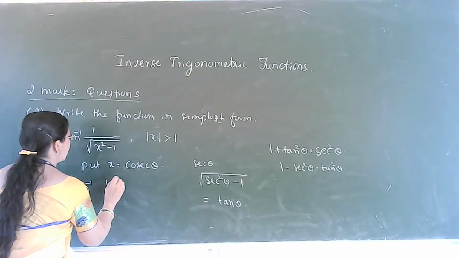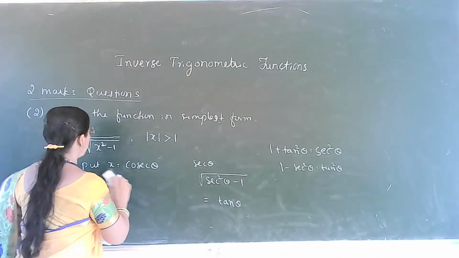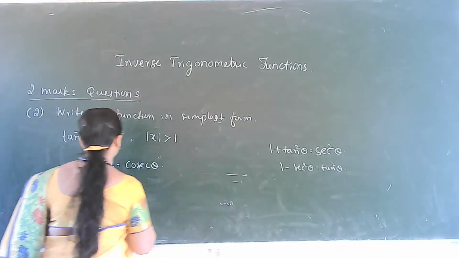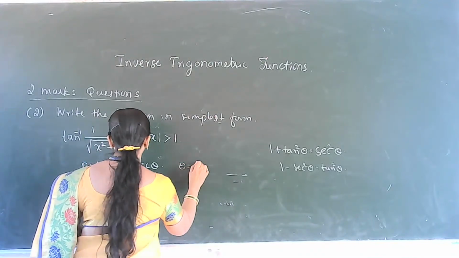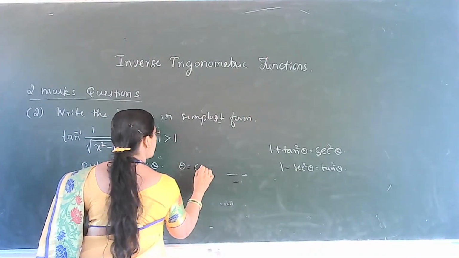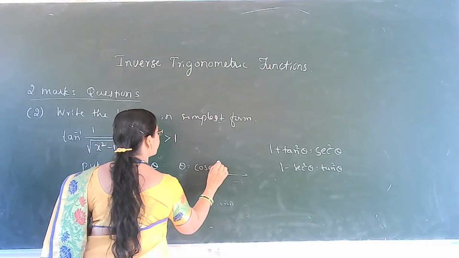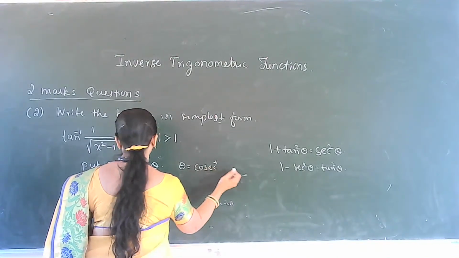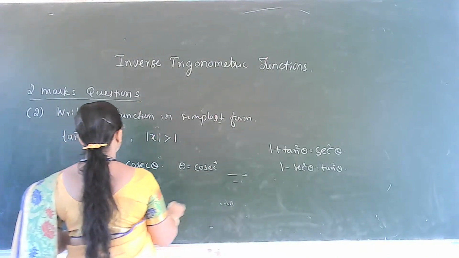Therefore, 1 by cosec theta. Then we take x equal to cosec theta. Therefore theta is equal to cosec inverse x.